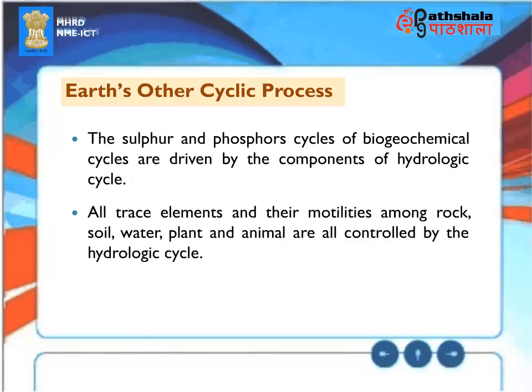The sulfur and phosphorus cycles of biogeochemical cycles are driven by the components of the hydrologic cycle. All trace elements and their motilities among rock, soil, water, plant, and animal are all controlled by the hydrologic cycle.